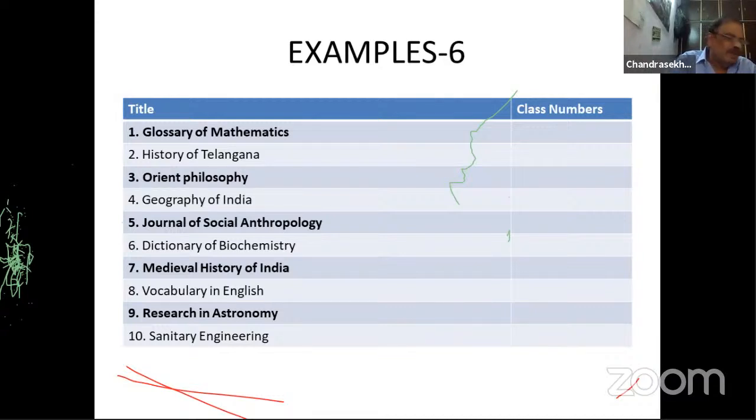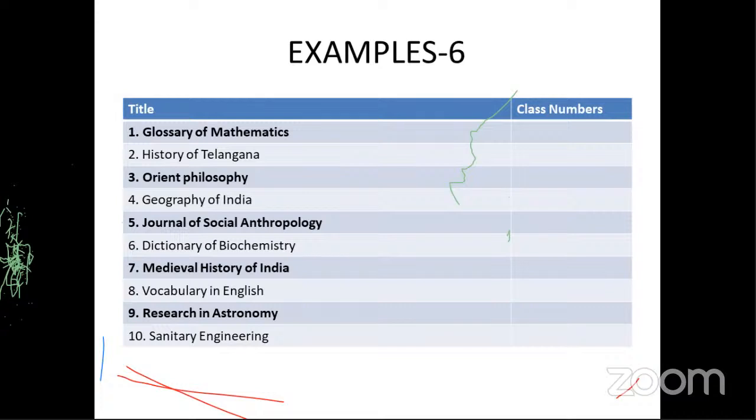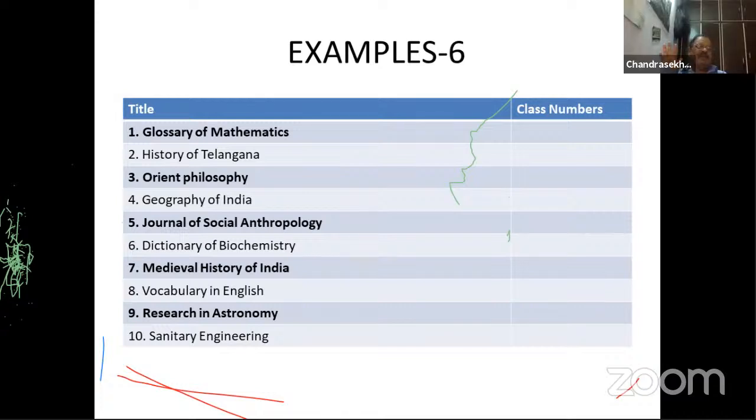Okay. So then next title, History of Telangana. 954.84, sir. Oh, right, correct. 9 is history, 5484 is Telangana or Andhra Pradesh.